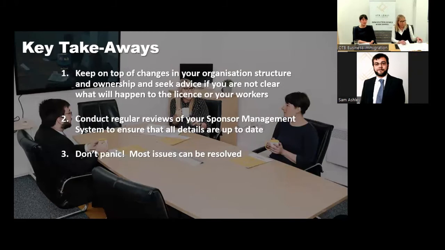Finally, it happens that inevitably some of these things don't necessarily get reported within the time limit. All the things about changes of ownership, mergers, acquisitions, etc., can very often catch people out. It's something that we hear about and advise on quite often. It is almost always going to be better to report something late than to just hope that the Home Office don't ever notice and not report it at all.